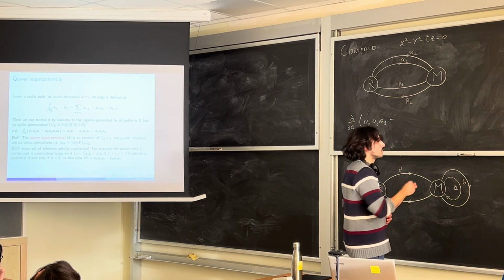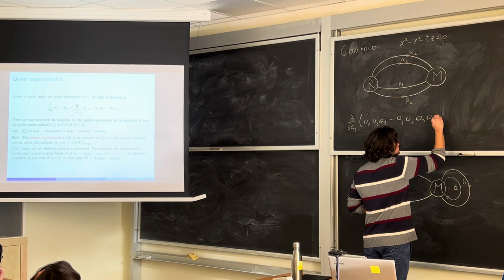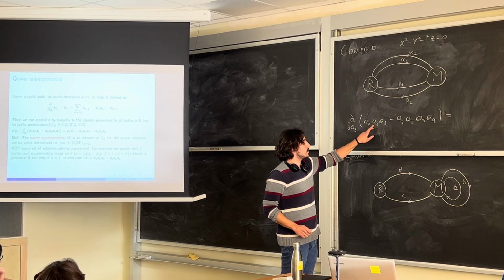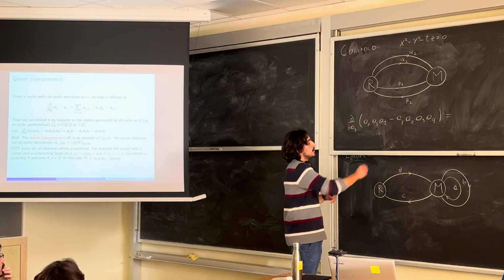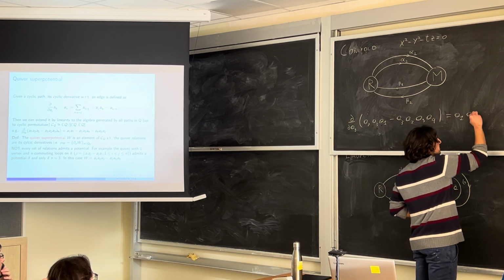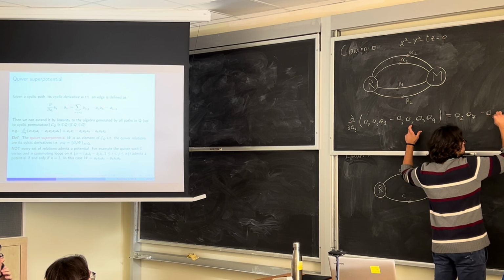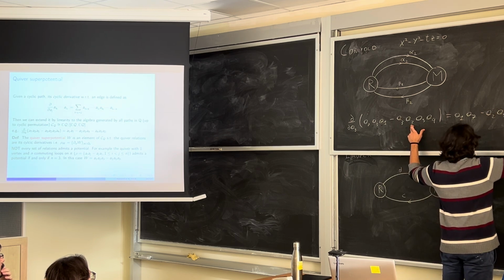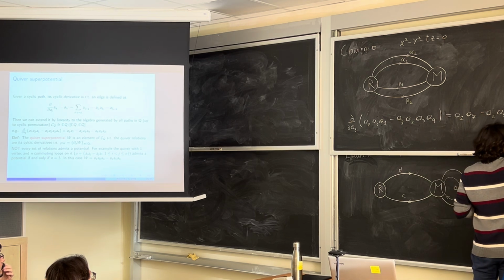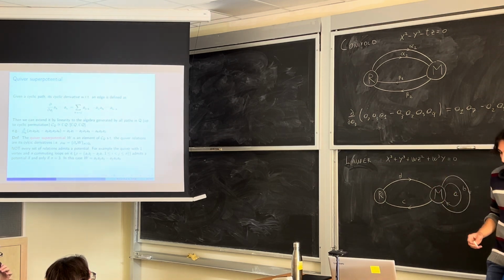For the cyclic path A1, A3, A2, A4, in this case we erase A3 and we start from A1 and complete the cycle. So A1, A7. Here we have two factors A3, so it would be A2, A4, A1, and here minus A4, A1, A2.